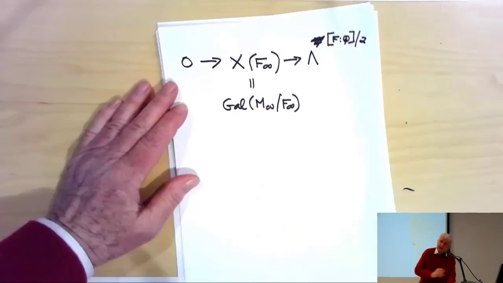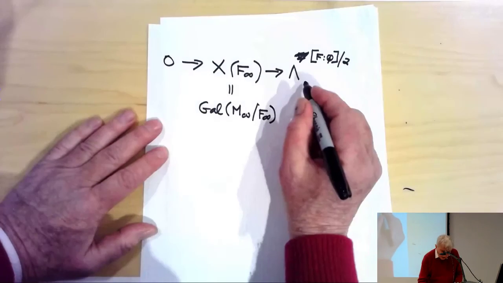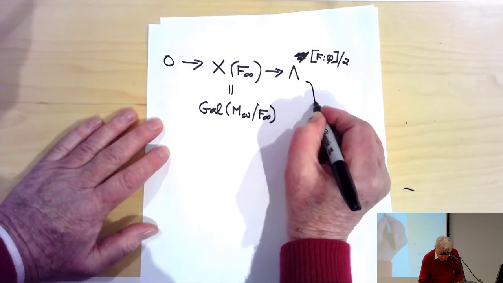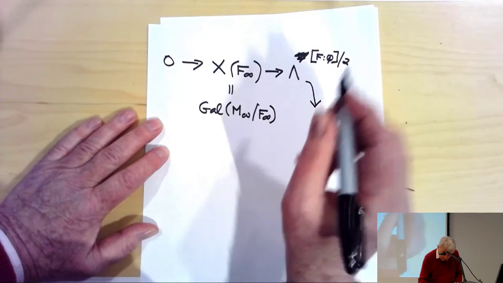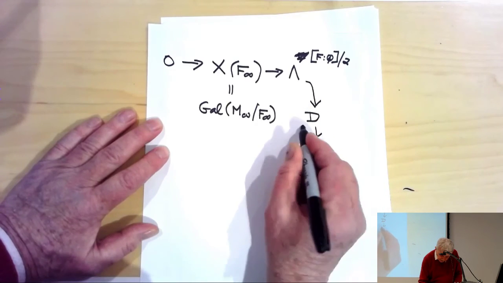This map is injective because there is no non-zero finite submodule, and nevertheless it's not always free. There is this cokernel here which is finite. D is finite.